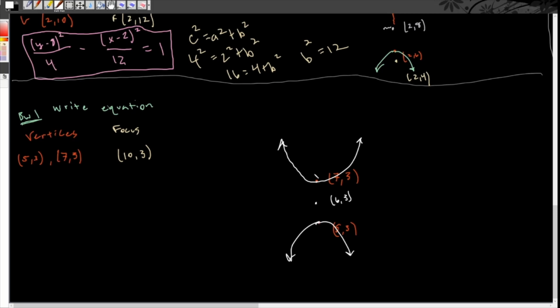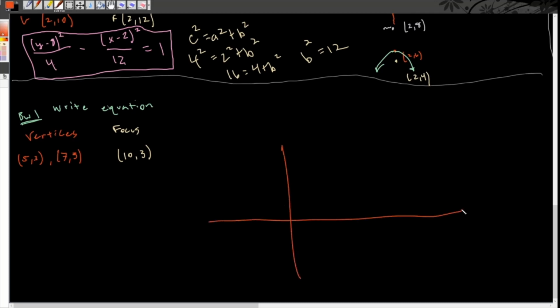Oh, sorry. I'm completely rotated. So, let's be careful. 5, 3 and 7, 3. Here are my vertices.